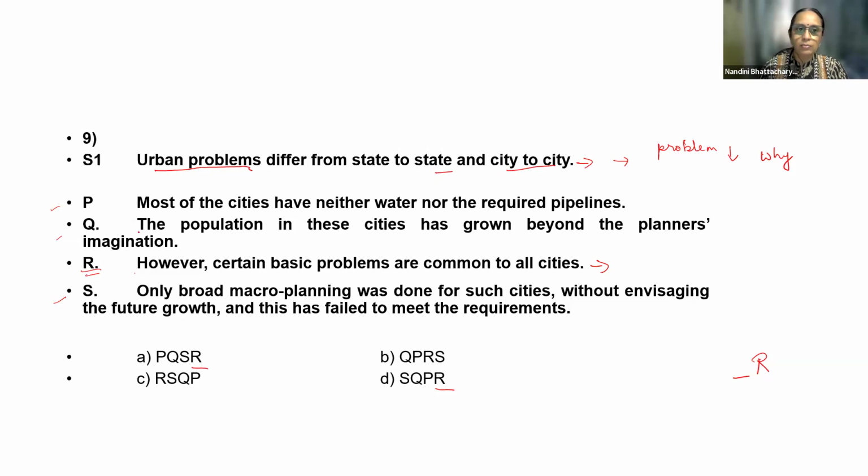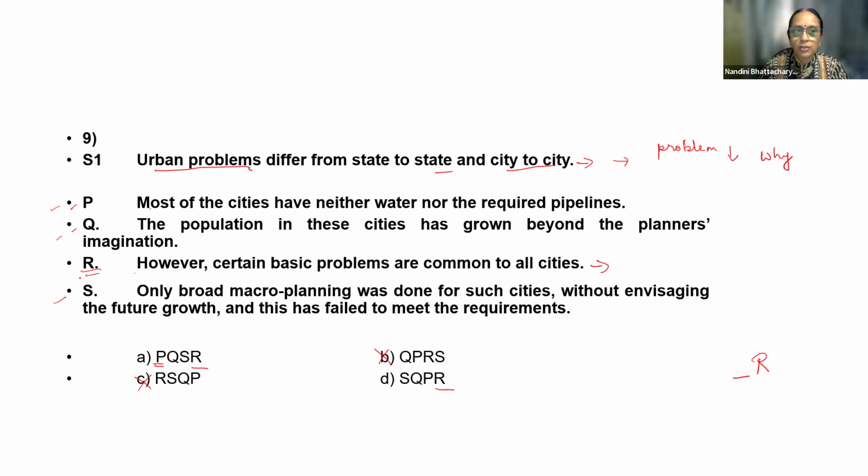Now, if you look at P, most cities have neither water nor required pipelines. So, okay, we have already eliminated C and B, right? Now, if we take P as the sentence after S, and then we have the population in these cities has grown beyond the planner's imagination.